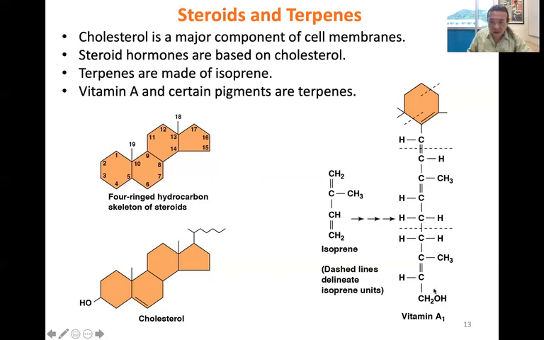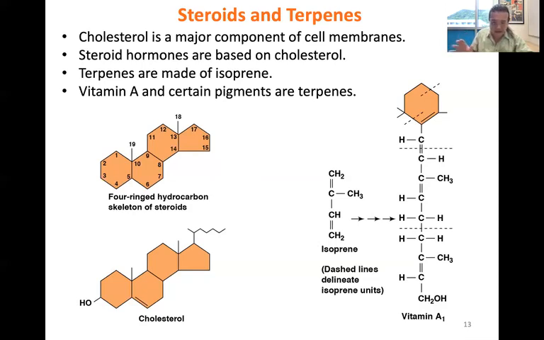Here on the right is what we call a terpene. A terpene has this ring structure at the end and essentially a chain of hydrocarbons, right? It's a little bit more complicated because you can see each one of these, it looks like it's kind of repeating this structure here. This structure is what we call an isoprene. Now, this might seem to suggest that this is like a polymer then, right?